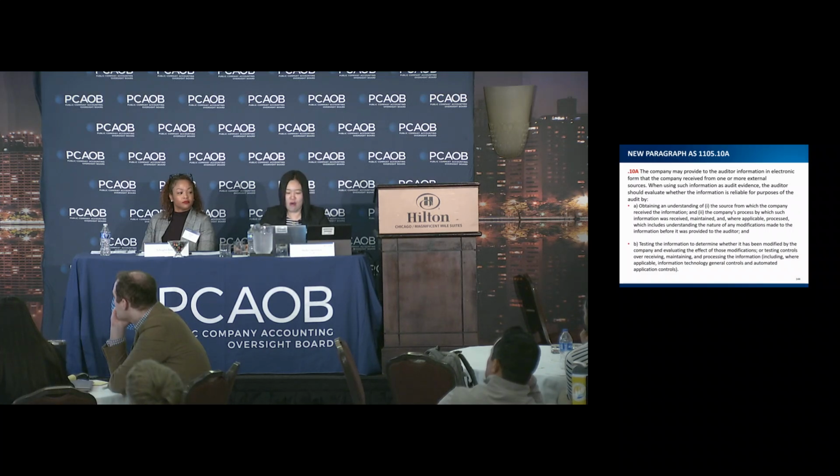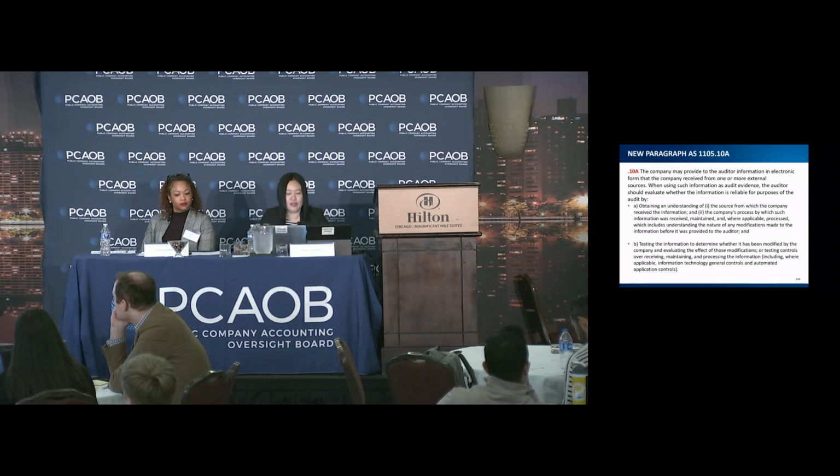Today, most audit information is provided to auditors by the company electronically, and it often includes information that the company received from external sources. Before providing external electronic information to the auditor, the company receives, maintains, and in many cases, processes the information. Because the company exercises certain control over this information before it is provided to the auditor, certain procedures are necessary to evaluate its reliability when the information is used as audit evidence.